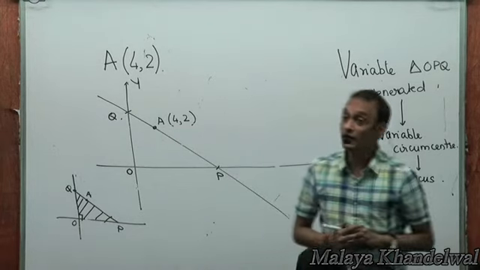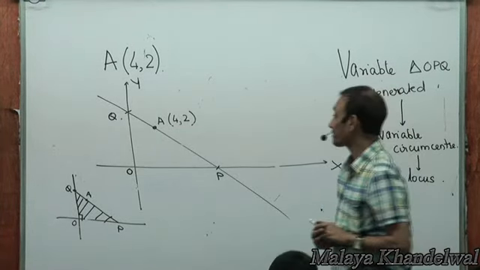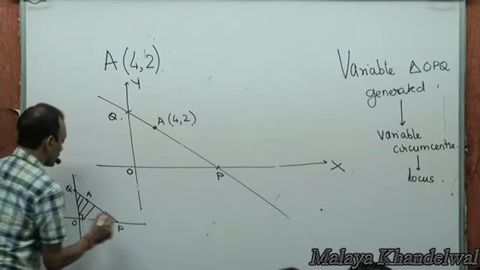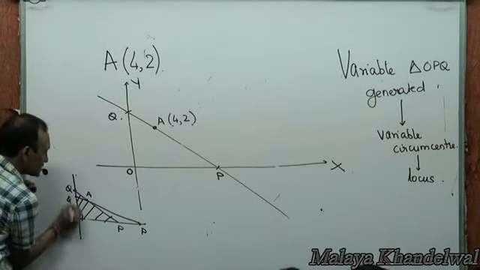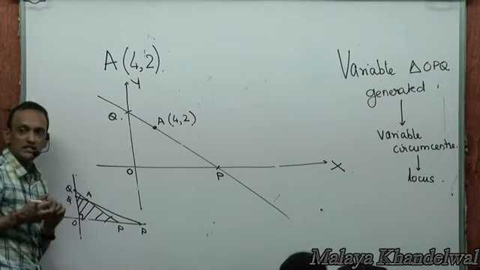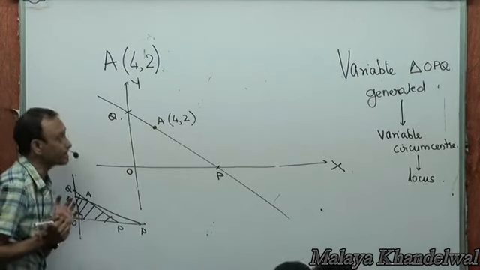Yes or no? I have, say, another line passing through. This will be my P, this will be my Q, but this angle will be preserved at 90 degrees. OPQ at all times will be a right angle triangle.